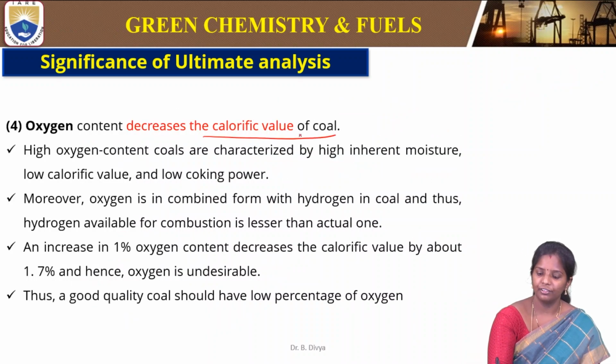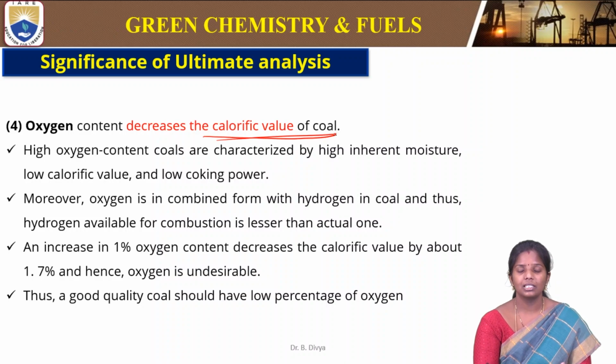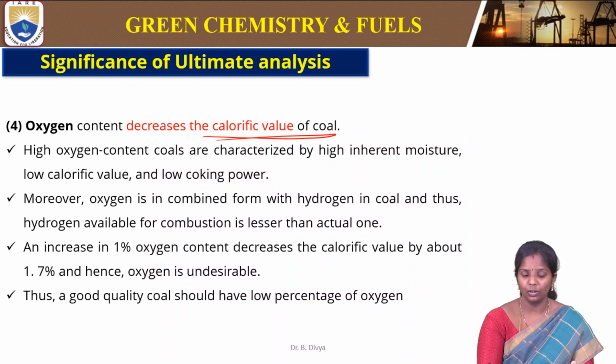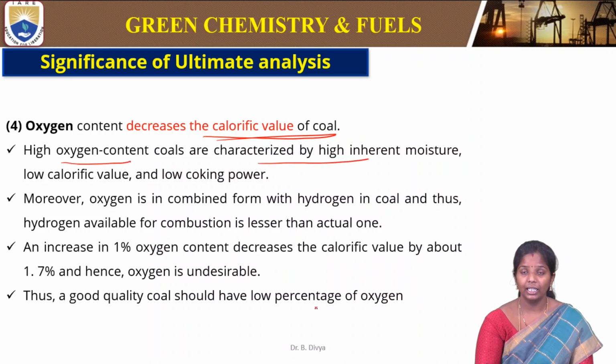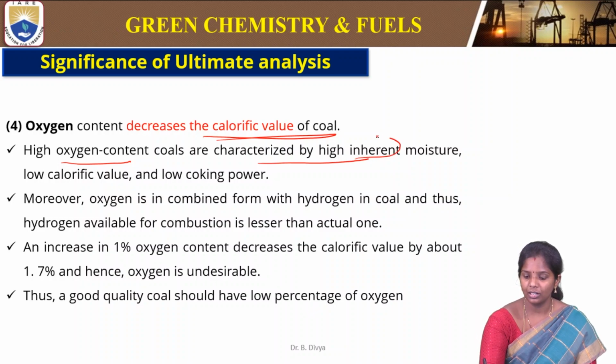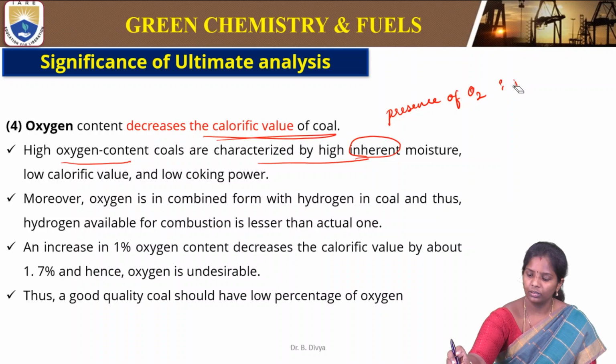Oxygen decreases the calorific value, therefore ultimate analysis gives a good idea of how much oxygen is present in a particular coal. High oxygen content coals are characterized by high inherent moisture. What is inherent moisture? It is moisture present in the coal molecules, within the network of the coal.